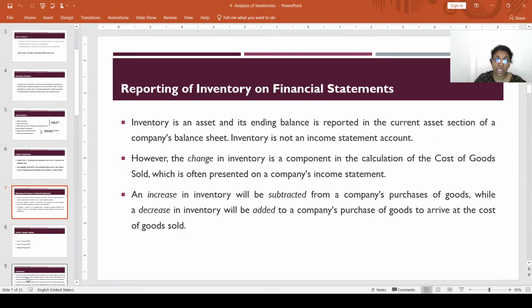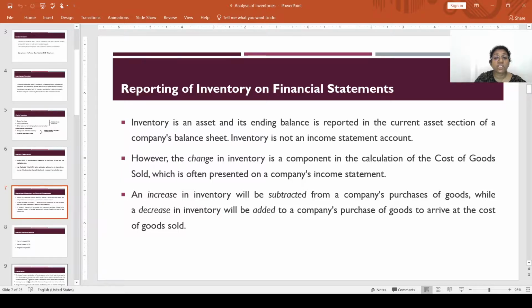So let's see how inventory is reported in the financial statements. You know that inventories are of three types: finished goods, work in progress, and raw materials. This inventory is an asset and its ending balance is reported in the current assets section of the company's balance sheet.